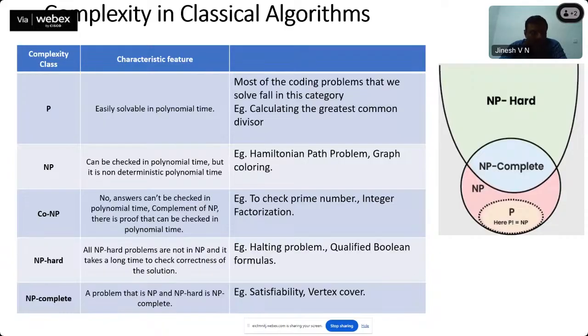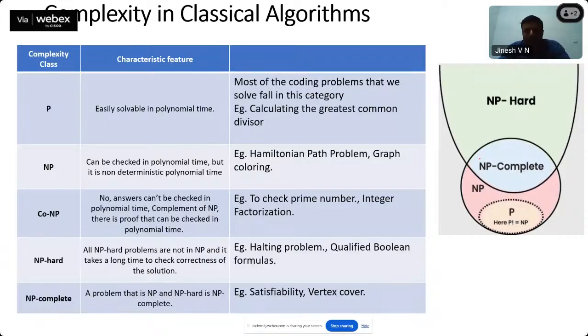P is having a complete solution, NP is having a solution, and co-NP is the complement of NP, that means the opposite. Then NP hard, you may have a solution, but it is very hard to find out whether the solution is existing or not.